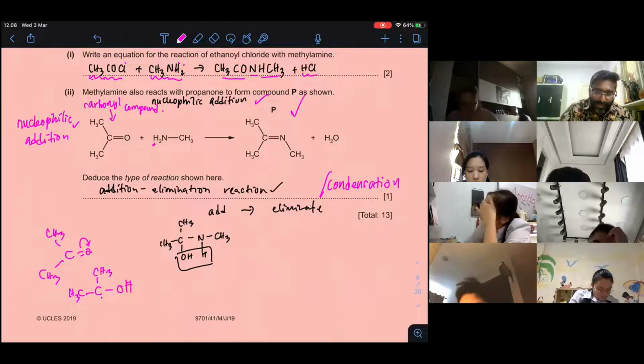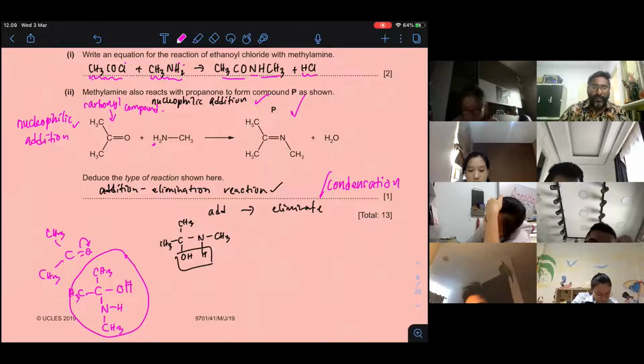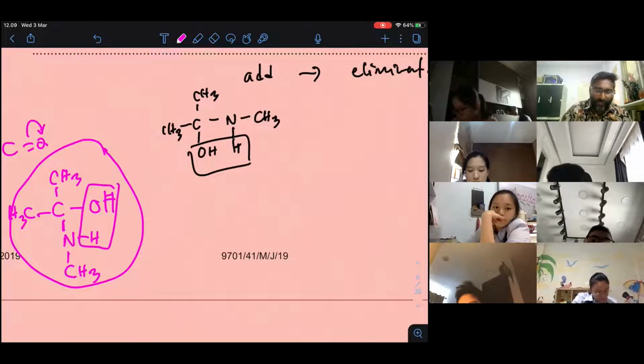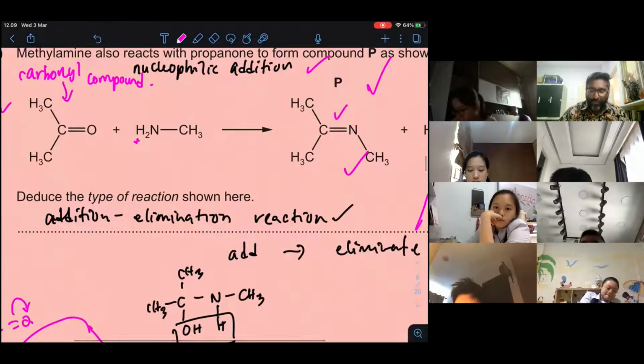The remaining compound will come and join over here, which is N, remaining with H, and then CH3. You are going to get this compound. Now, this compound is not going to be stable. Why? Because you need to form this. How is that going to be formed? The OH and H will be removed. This is going to be dehydration. So they are going to give you the double bond between the carbon and nitrogen. So, a carbon and nitrogen double bond.